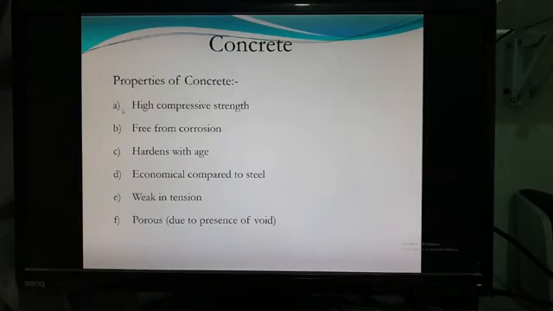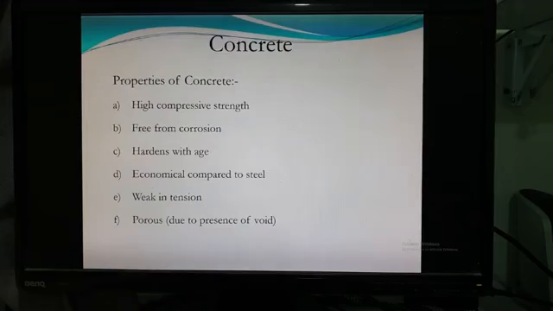You can try to compress this concrete as much as you want, but it will resist. The concrete does not corrode, and it hardens with age. Basically, the older the concrete is, the harder it gets.